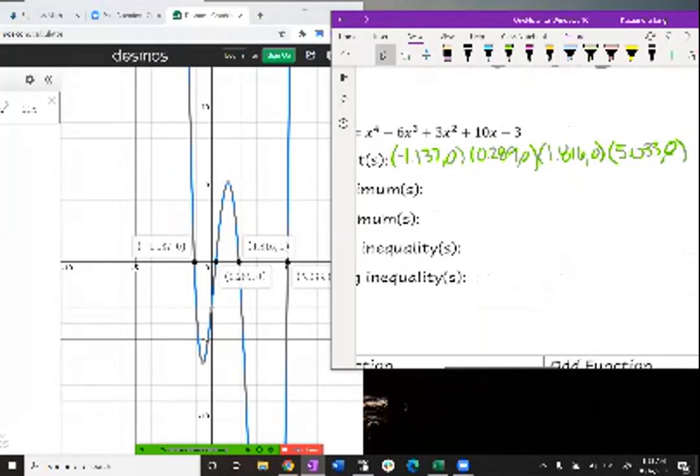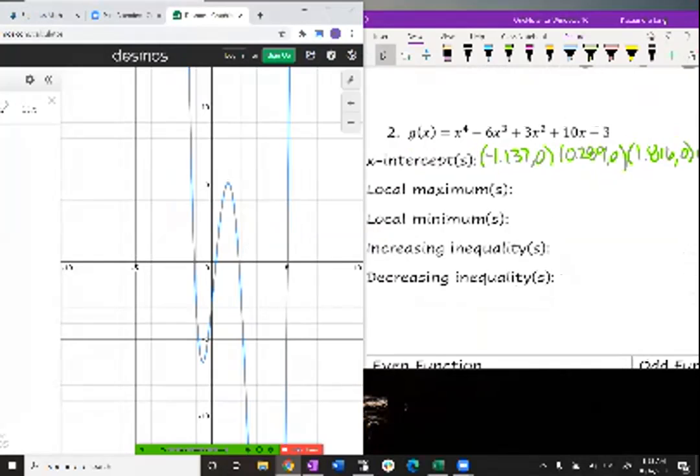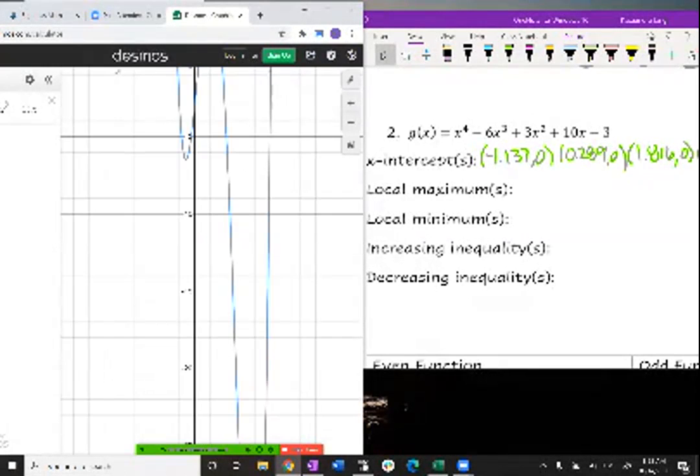Okay. It also needs maximums and minimums, local max, local min. So click off that there. My local max, let's see here, goes down. Okay, I think this one's a minimum. This one's low. Goes up, up, up. Another minimum down here. That's true.